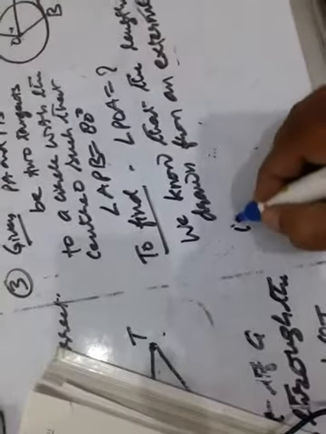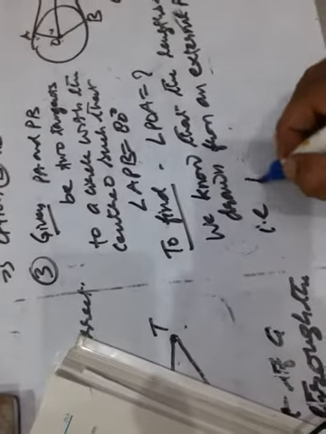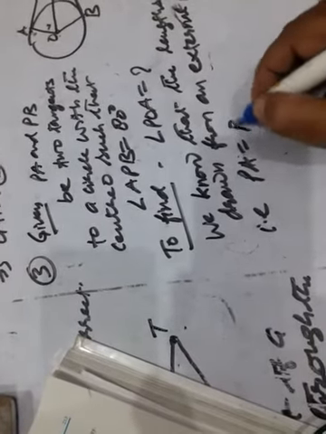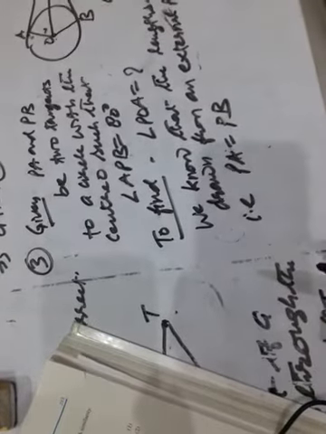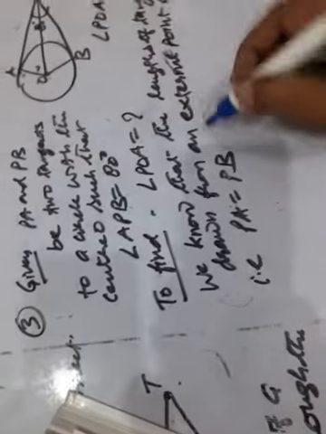Write down. That is PA equal to PB. So what else do we know? That OP is the bisector of, clear?